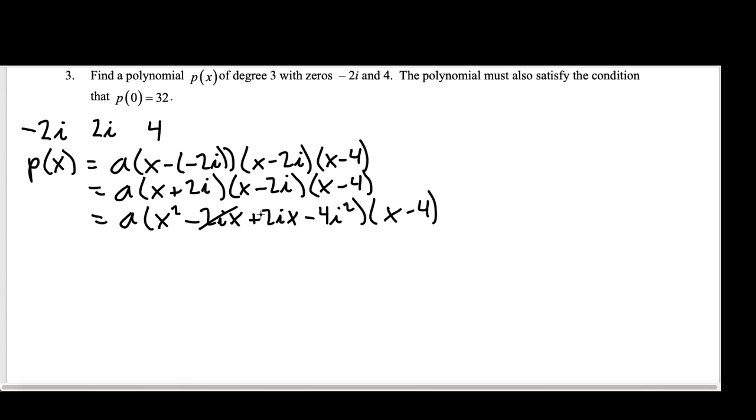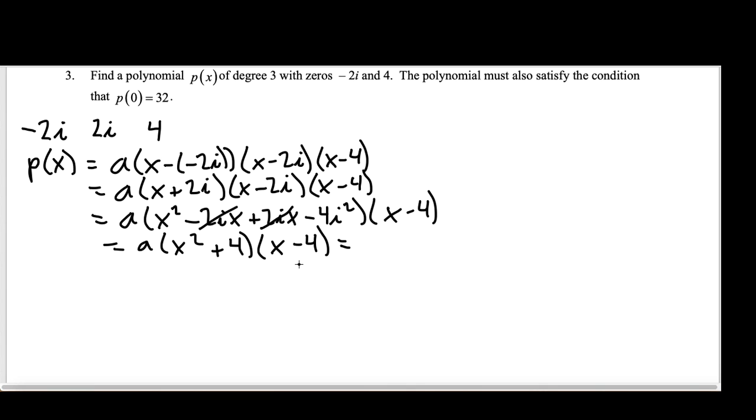And of course, these two terms cancel. i squared is equal to negative 1, so this becomes x squared plus 4 times x minus 4.